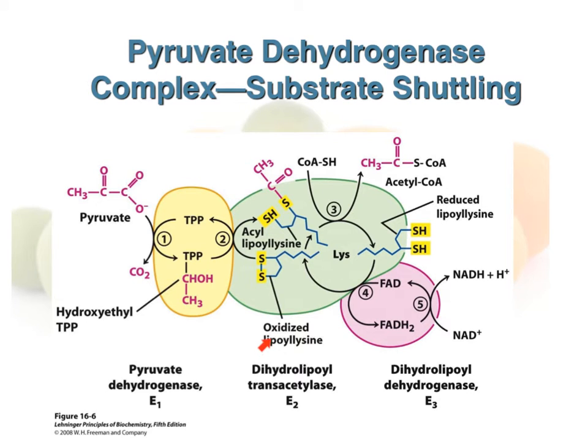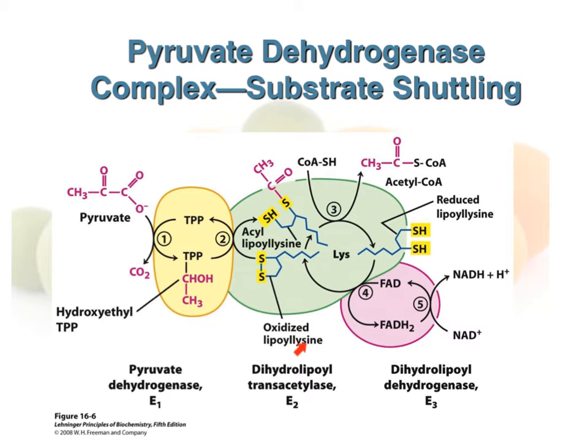And if you remember back to the rules, I didn't teach you organic chemistry 2, but when you take a carboxylic acid and you modify it, remember you drop the ic acid and you add whatever, and that's where you get this oyl. It means it's literally the lysine is attached to the lipoic acid. Okay, I don't know if you guys remember that or not.